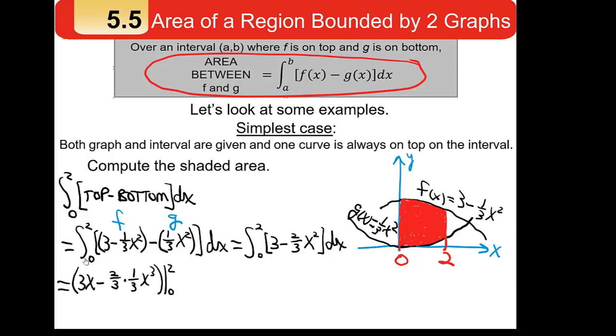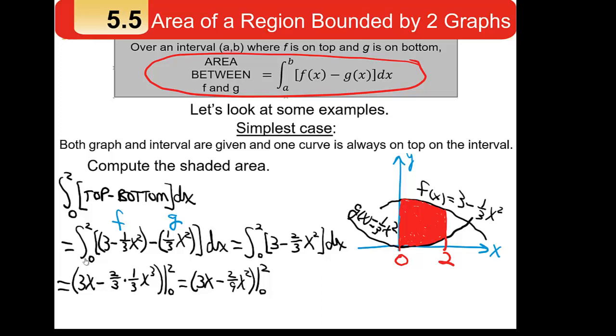When we're integrating 2/3 x squared, we can just let the 2/3 sit there, and when we integrate x squared, we raise the 2 up to a 3, and then out front we divide by that 3. So we end up with 1/3 x cubed, and of course that 2/3 gets multiplied in there. You simplify that, 2 times 1 is 2, and 3 times 3 is 9, so you end up with 3x minus 2/9 x cubed evaluated from 0 to 2.